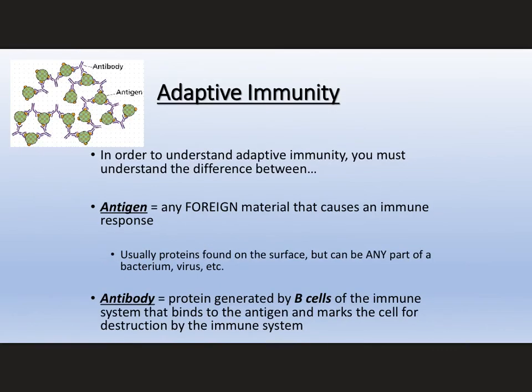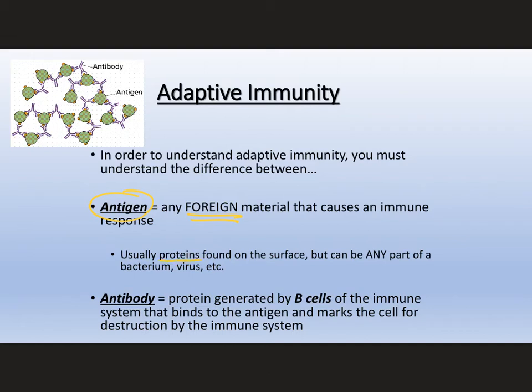Now, before we get into adaptive immunity, we have to understand one big difference between two similar words: antigen and antibody. Most important thing to remember here, right? Antigens are foreign material. An antigen is any kind of biological molecule that causes an immune response.